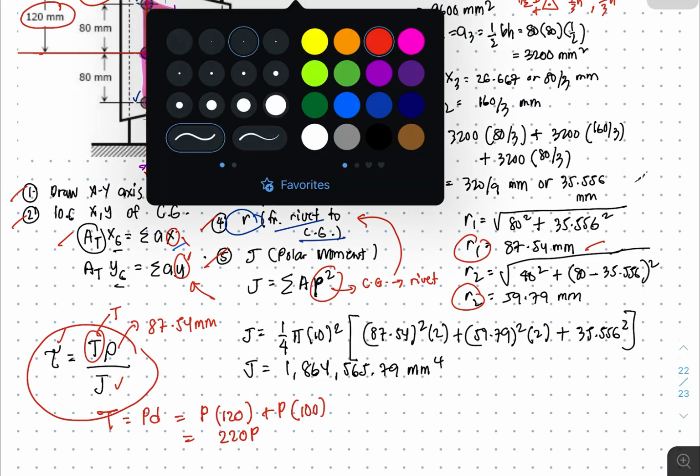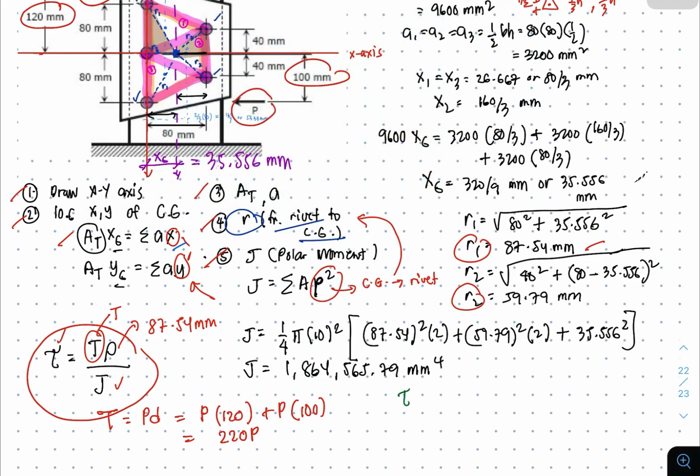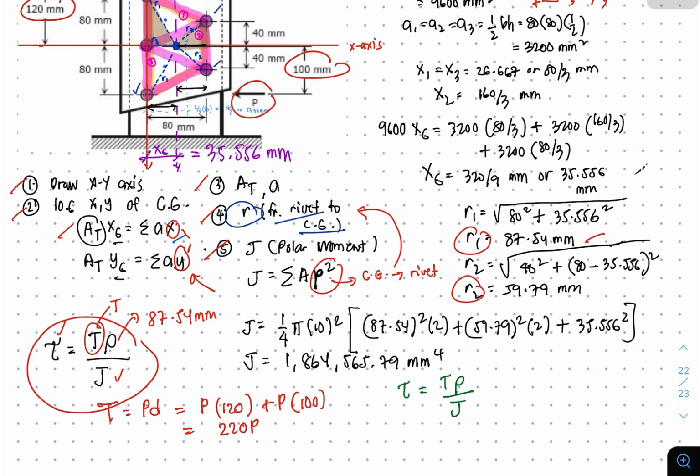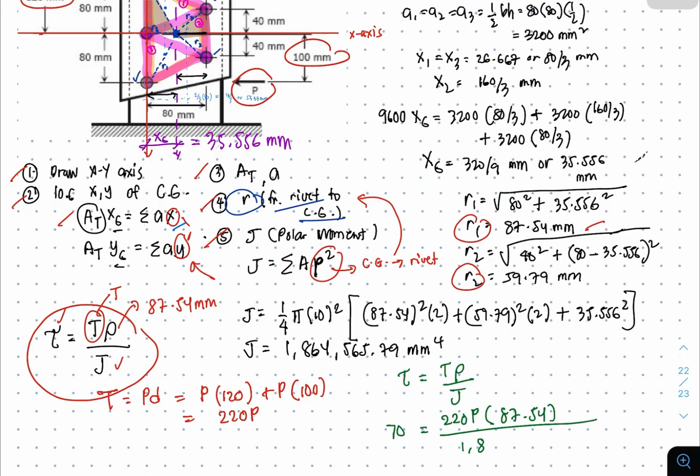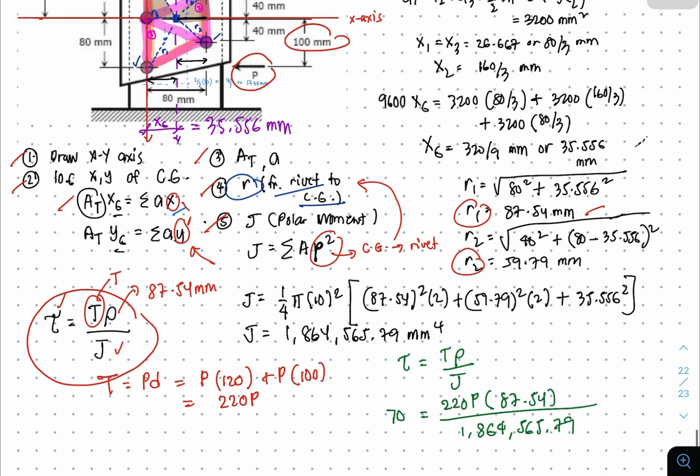So right now we can solve for the value of P using this formula. Shear stress is equal to torque times the rho all over the polar moment of inertia, and our allowable shearing stress is 70 MPa, and for the torque, that is 220P, times our critical distance of the rivet from the center of gravity, which is 87.54, and our polar moment of inertia, which is 1,864,565.79.